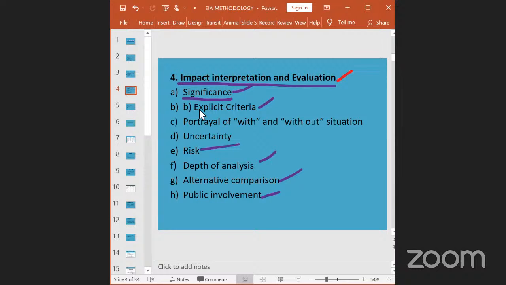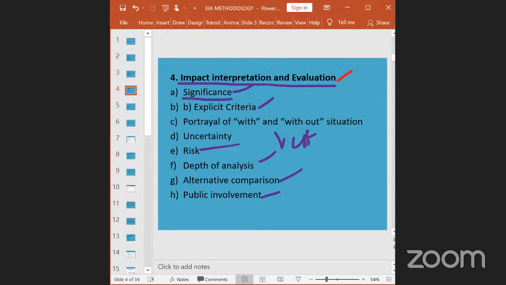And explicit criteria. The criteria and assumptions employed to determine impact significance should be explicitly stated. And then next one is with and without situation, right? This methodology should be able to aggregate the vast amounts of information in raw input data, right?